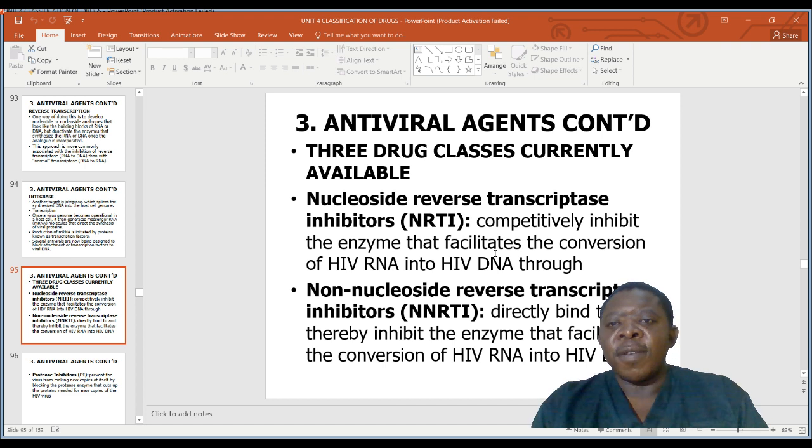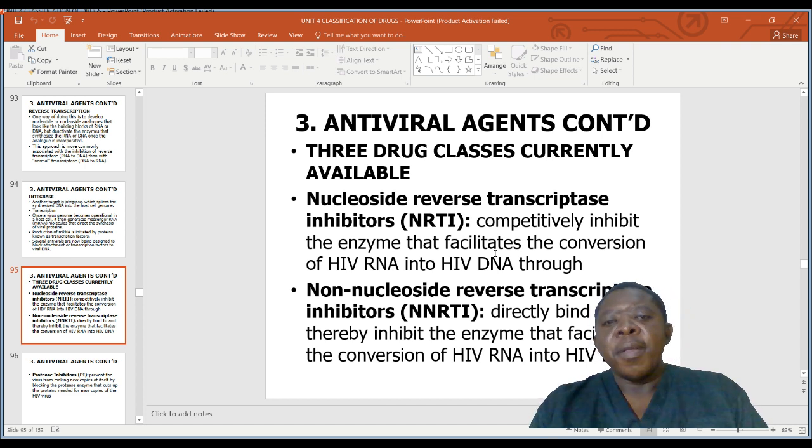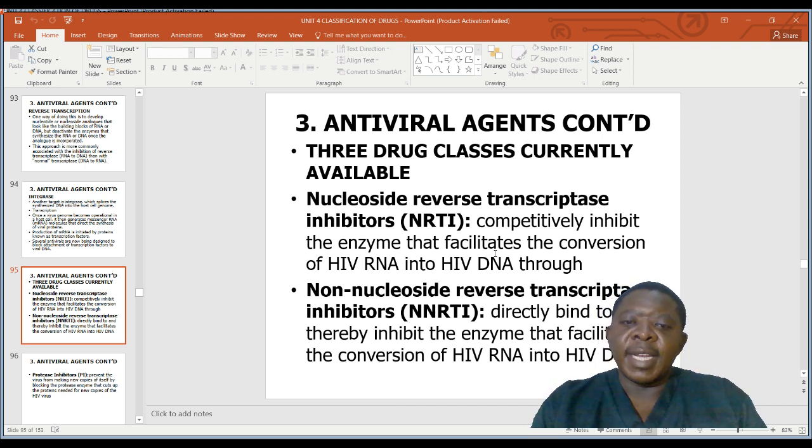So a reverse transcriptase inhibitor is going to prevent this conversion of HIV RNA to HIV DNA. It is the HIV DNA that then attaches to the host cell. Then we have the non-nucleoside reverse transcriptase inhibitor, which directly binds to and thereby inhibits the enzyme that facilitates the conversion of HIV RNA into HIV DNA.